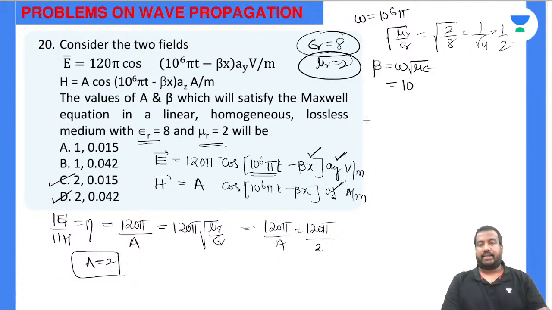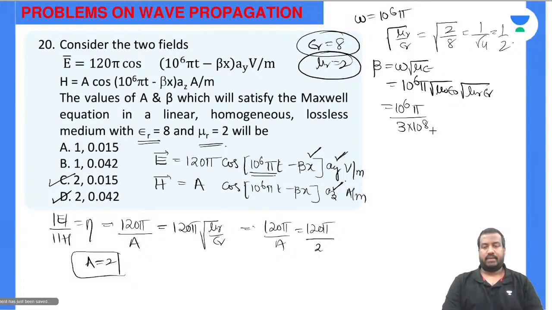From the given data, omega is 10 power 6 pi. So beta is 10 power 6 into pi, under root of mu naught epsilon naught into under root of mu r epsilon r. Under root of mu naught epsilon naught is 1 by c, and 1 by c is 3 into 10 power 8. Under root of mu r epsilon r, under root of 8 into 2, that is 16, under root 16 is 4. Clear?